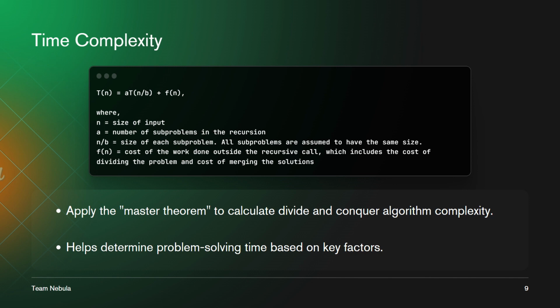We assume all subproblems are the same size. f(n) is the extra work we do outside of solving subproblems. It includes things like dividing the problem and putting the solutions together.